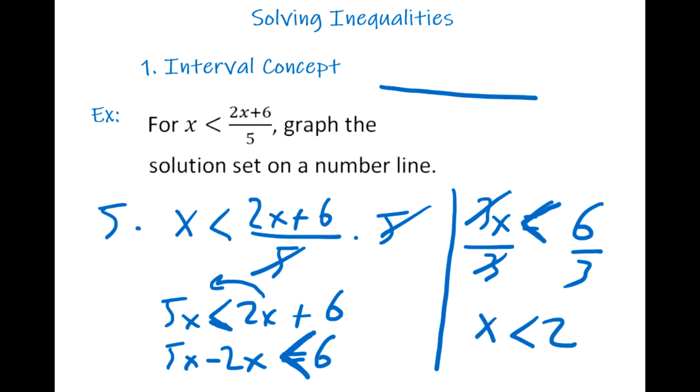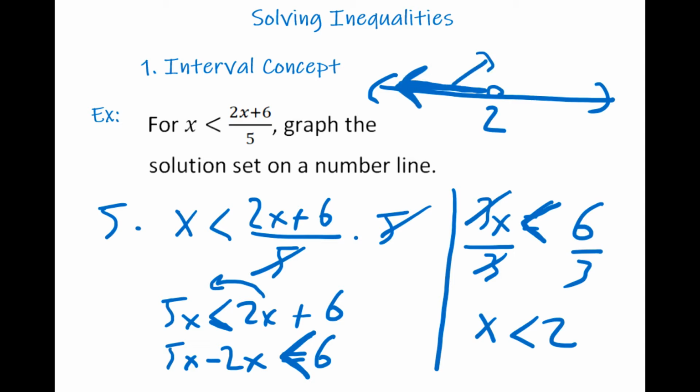Suppose that this is the number line, and we have 2 here. That is 2, and because the x values have to be less than 2, that means on the number line we should go this way on the left.